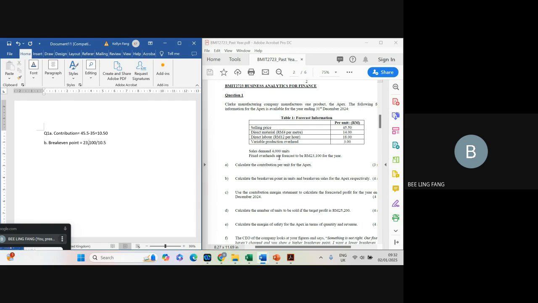So basically, the sales demand is 4,000 units, right? Then fixed overhead are forecast. The forecast you get this amount, and this amount you divide by the contribution. So that means roughly you have to sell 2,200 units, right? Okay, so the break even, how much?